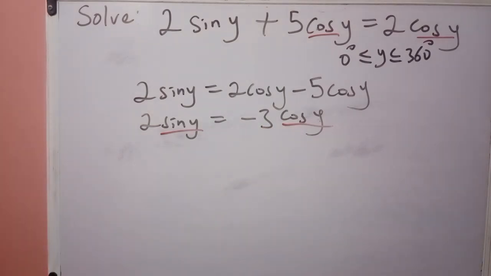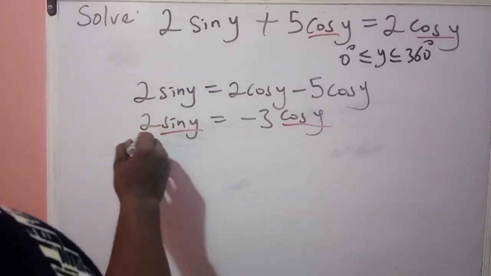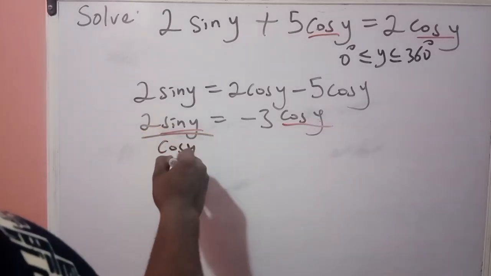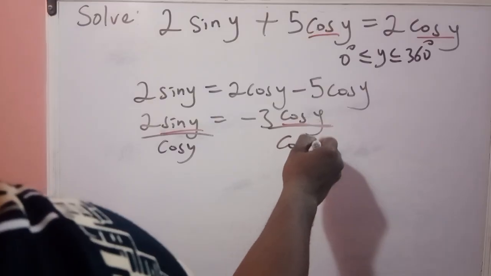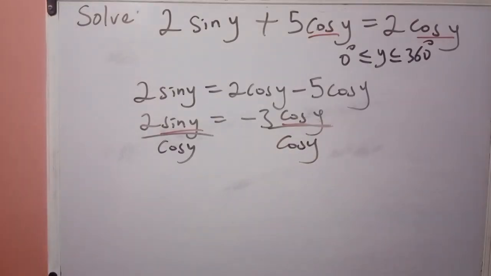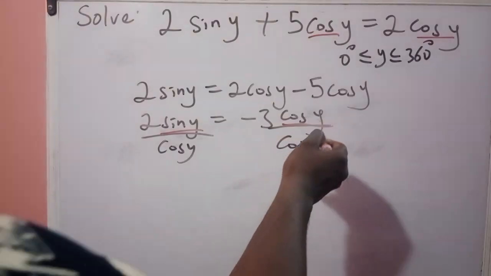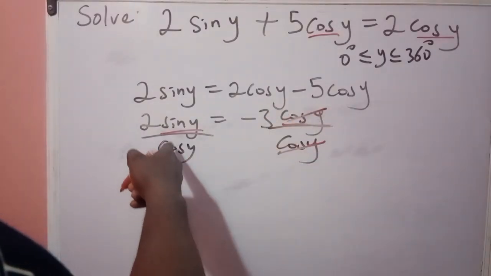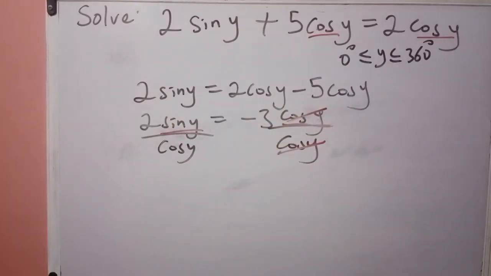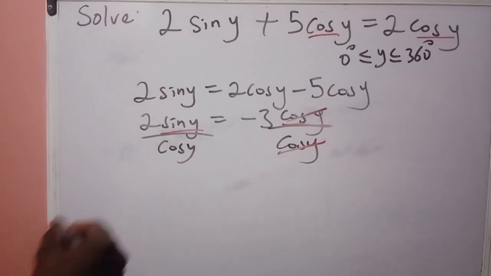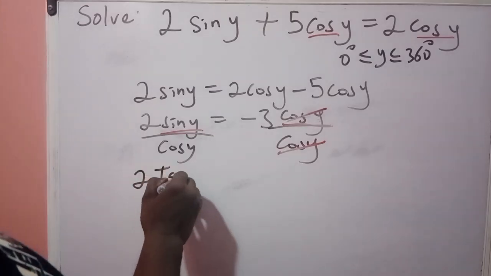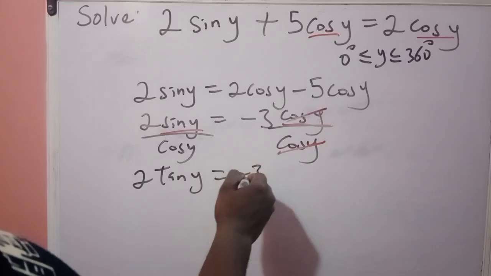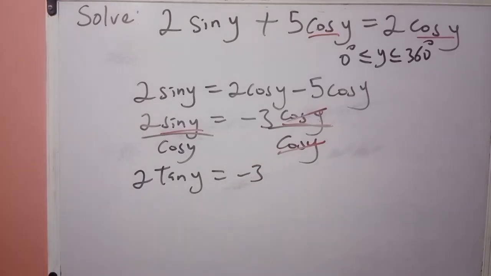If we divide both sides by cos y, this cos y will eliminate this particular cos y, while this cos y will change this whole thing to tan y. So we are having 2 tan y equals minus 3. Can you see we have been able to have just one trigonometric function?